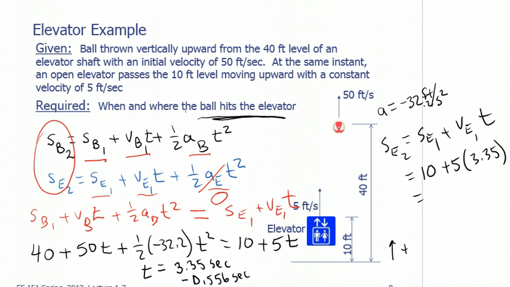And that's going to be 26.8 feet. So I'll highlight the answers here: 3.35 seconds, 26.8 feet. I would have gotten this same answer if I plugged this time back into my ball equation right here. It would be a good way of double checking.